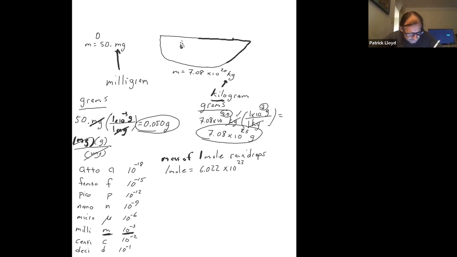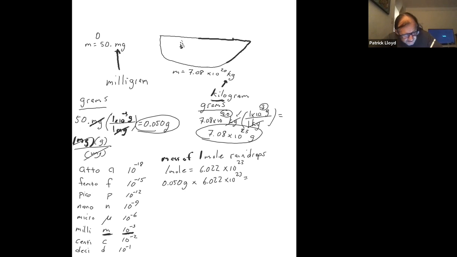So let's do this. 50, oops, that was in milligrams. 0.050 grams times 6.022 times 10 to the 23rd. And that'll give us the number of grams in 1 mole, because a mole is 6.022 times 10 to the 23rd.